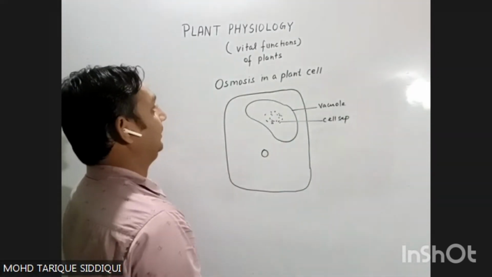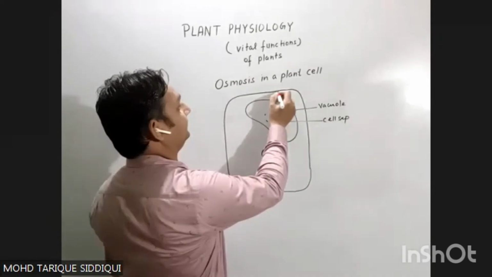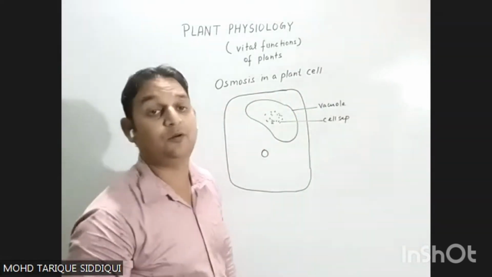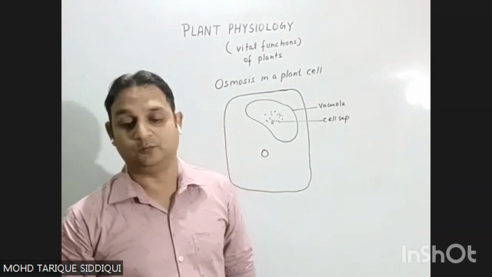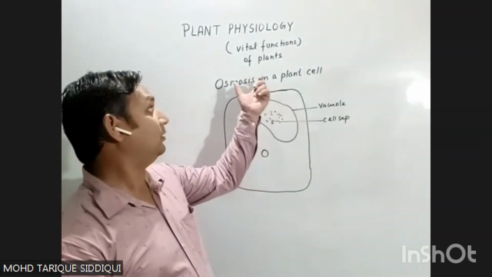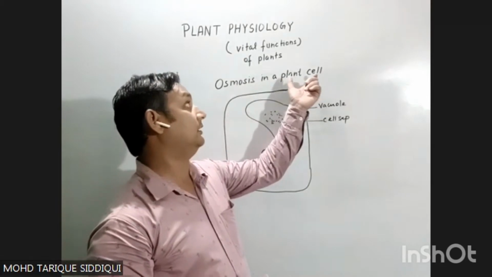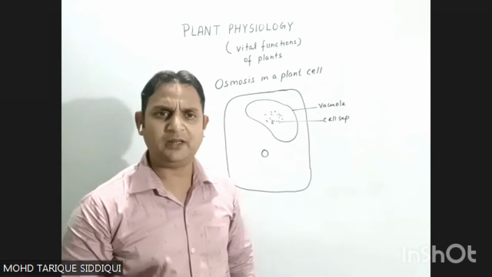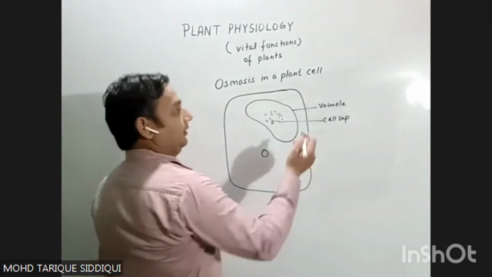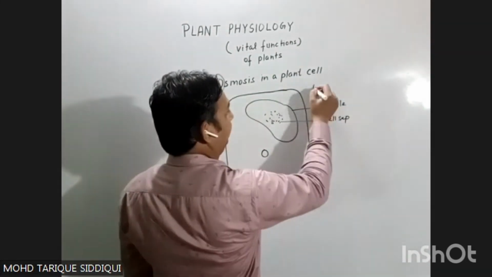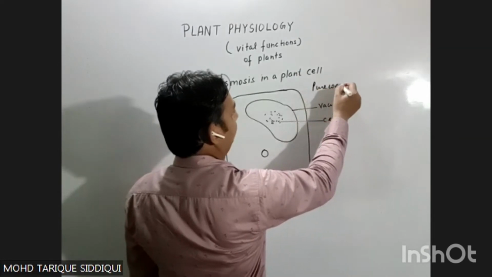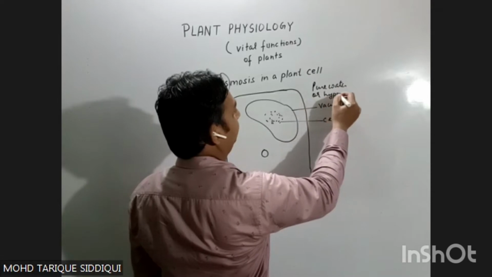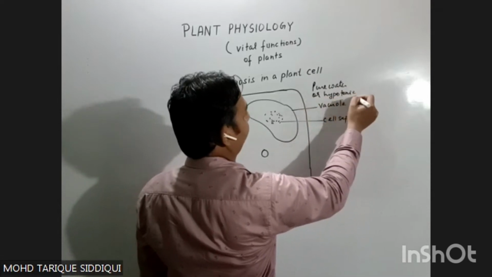All right. Now, what will happen here? In the plant cell, we have the cell wall as well as the cell membrane. Cell wall is made up of cellulose. So osmosis will be going on when you are putting this plant cell. Where will you put this plant cell? You will put this plant cell in pure water. Last time I've already told you, pure water is a hypotonic solution.